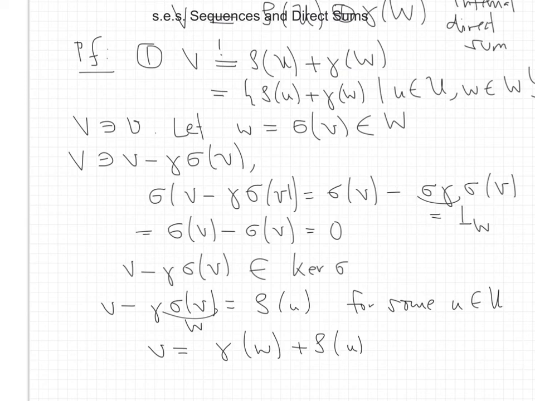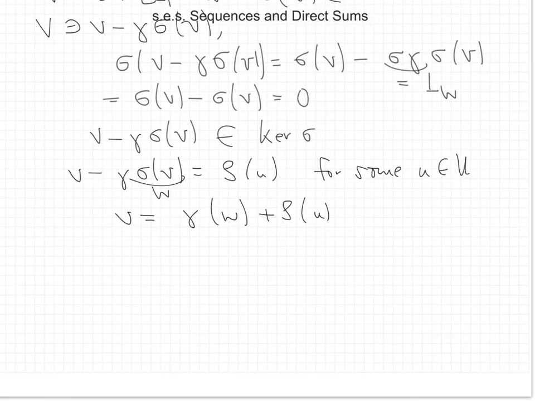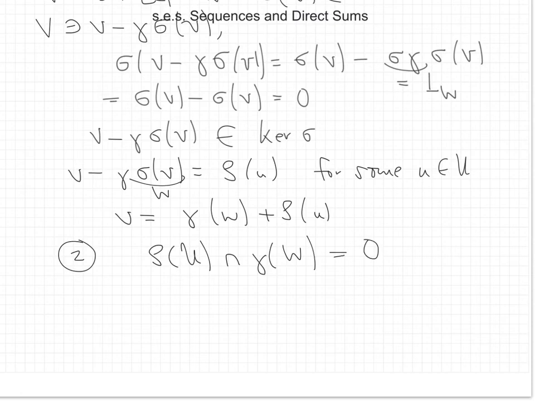The second condition is that the intersection of those two vector spaces will in fact only consist of the 0 vector. Let's do that. So the second part is supposed to show that rho of U intersected with gamma of W consists only of the 0 vector. Well, it's an intersection of two vector spaces, so the 0 vector has to be in there.